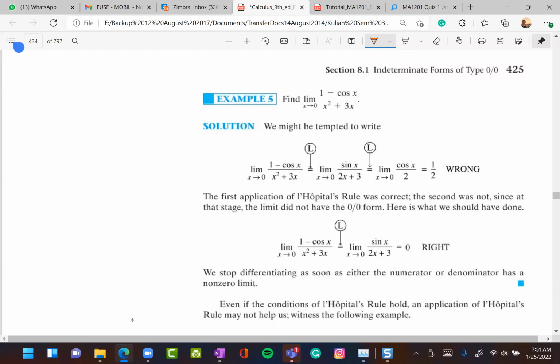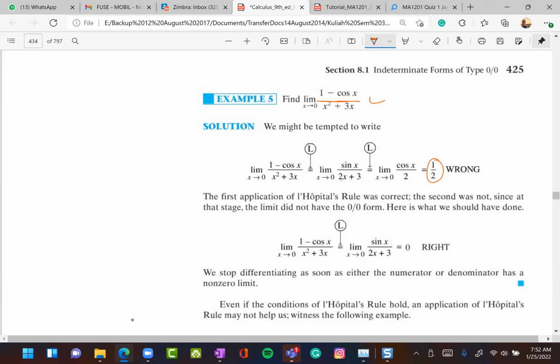Okay, let's check the example here. 1 minus cosine over x squared plus 3x. Okay, let's take the derivative. This becomes sine over 2x plus 3. Okay, and then just proceed again with L'Hopital. Sine becomes cosine, this is 2, and this is 1/2.